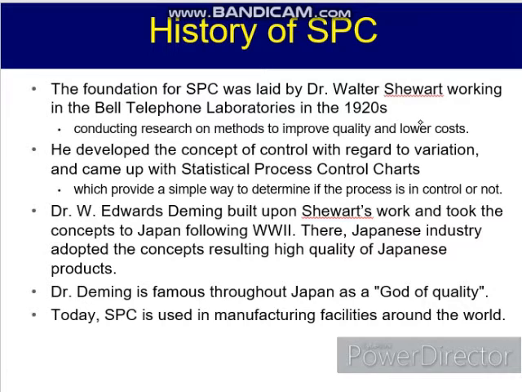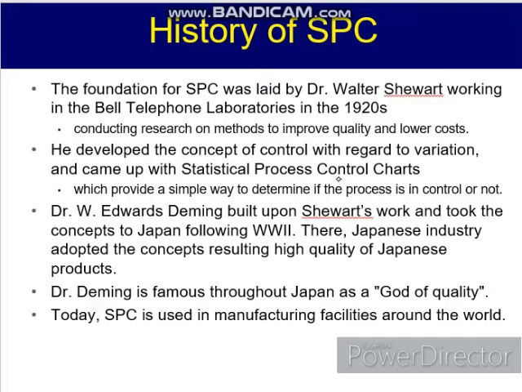Based on that research, he developed a concept of control with regards to variations. The outcome of the research is a concept on how to control variations, and he came up with statistical process control charts. This statistical process control chart is the heart of SPC. These charts provide a simple way to determine if the process is in control or not.